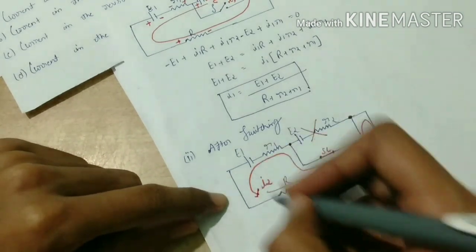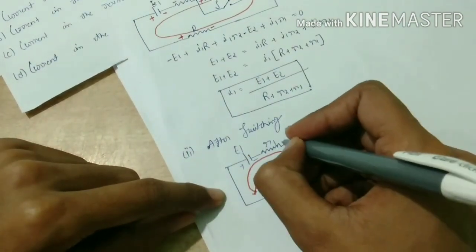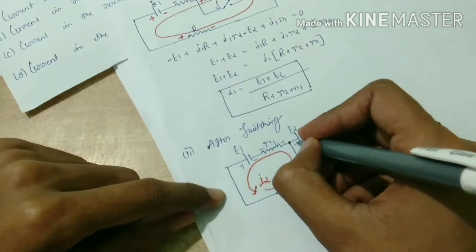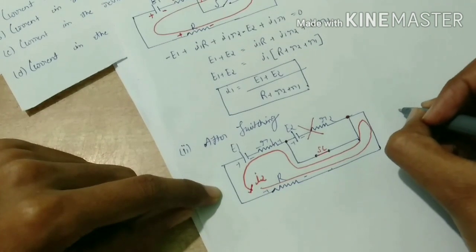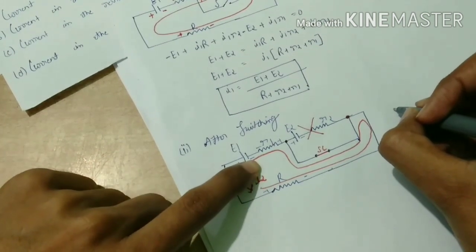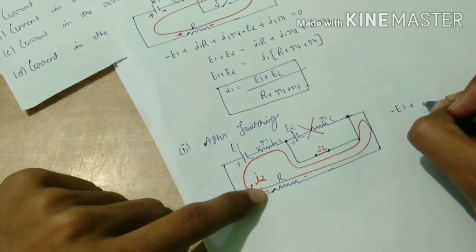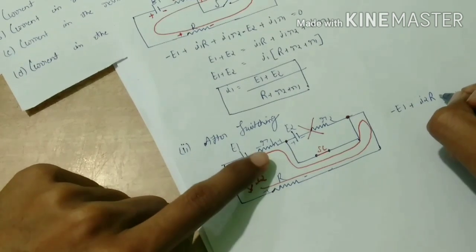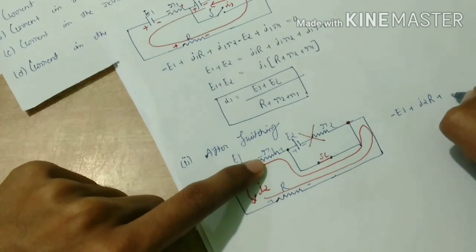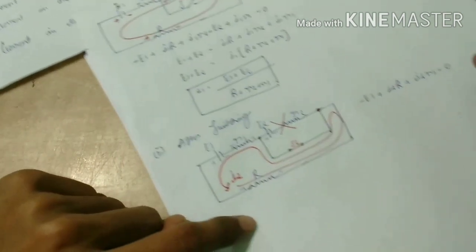So again apply KVL. Nomenclature is this one. We start from the same point: E1 plus I2R plus I2R1 equal to 0.